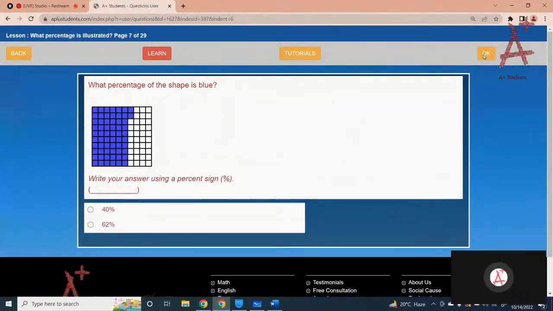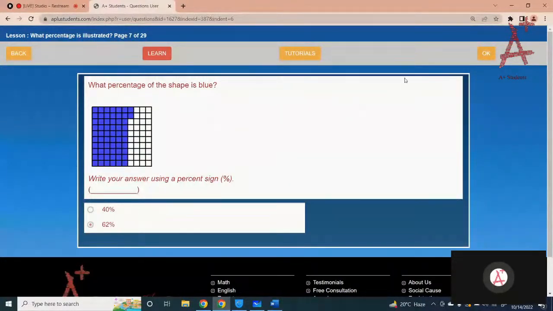What percent of the shape is blue? 40% or 62%? That is 62%. Very good, Henry.